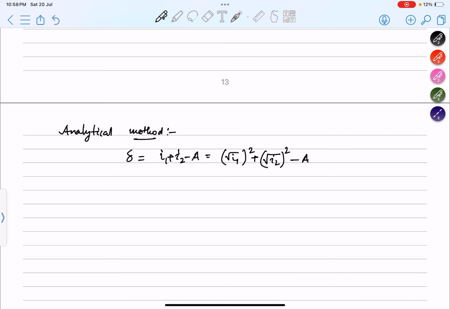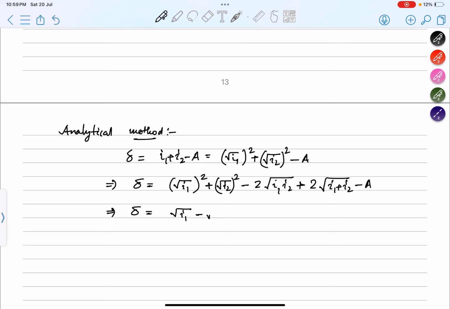Okay, so if I write that delta equals (root I1) squared plus (root I2) squared minus 2 root (I1 I2), to nullify this, plus 2 root (I1 I2) minus A. Okay, so this delta becomes (root I1 minus root I2) whole squared plus 2 root (I1 I2) minus A.